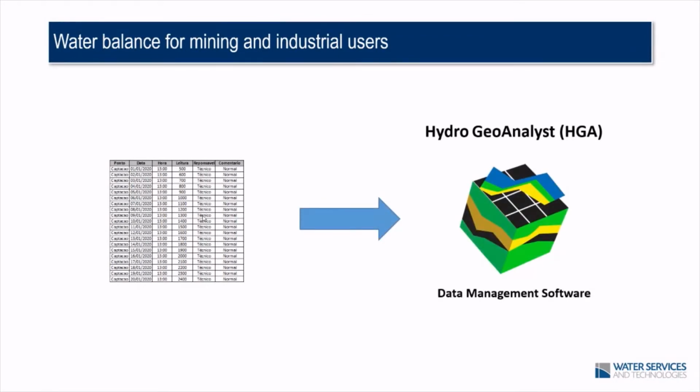For example, here at Water Services, we use the Hydro GeoAnalyst, the HGA, and this software gives us a lot of advantages, a lot of benefits on analyzing data. For example, in this case that I just showed you, we have a lot of hydrometers, a lot of tables, and we want to analyze all this data in a faster way.